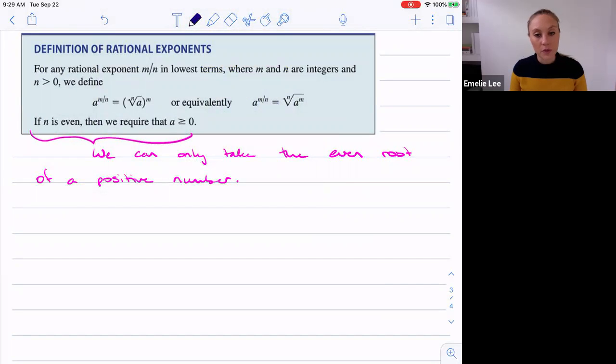So that's for even roots. Odd roots are fine. We can take the odd root, the third root of -2, for example.